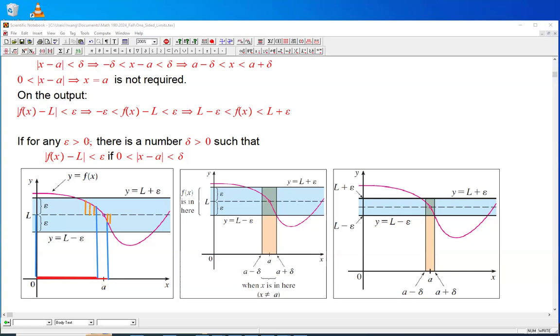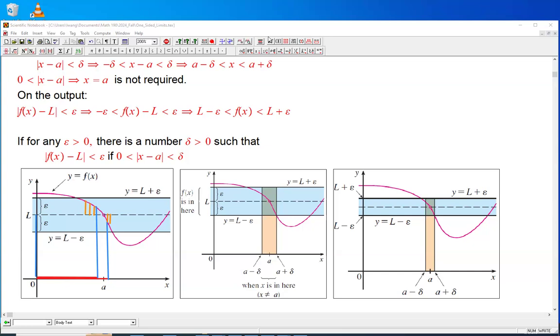You have a requirement for epsilon. Can that be realized? And the answer is yes. For those inputs, what are those inputs? Those inputs in the neighborhood of A, which is A minus delta to A plus delta.